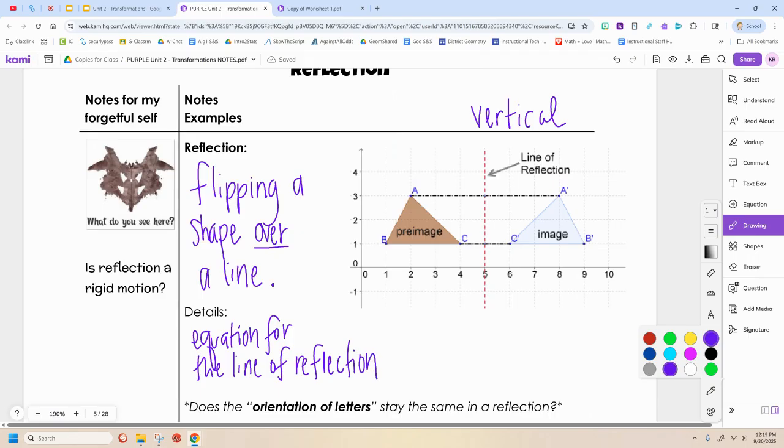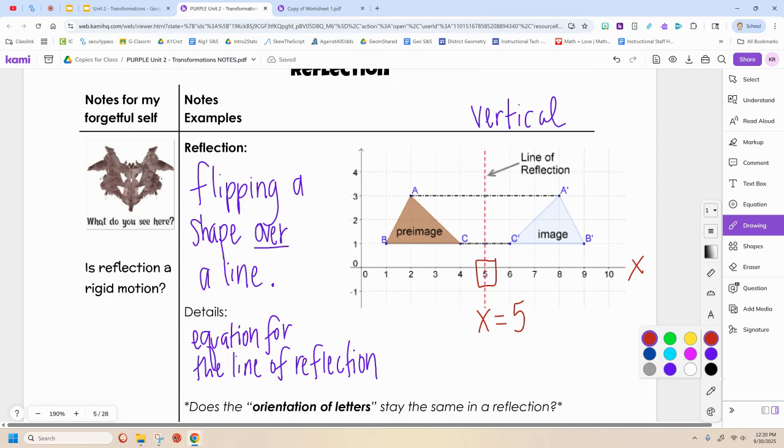That's why I had you pick up your calculators today, because you can always check your equation for your line in your calculator so you don't make mistakes between vertical lines and horizontal lines. Now, this line crosses at the number 5 on the x-axis, so this equation is x equals 5. We could describe this transformation as: reflect triangle ABC over the line x equals 5.